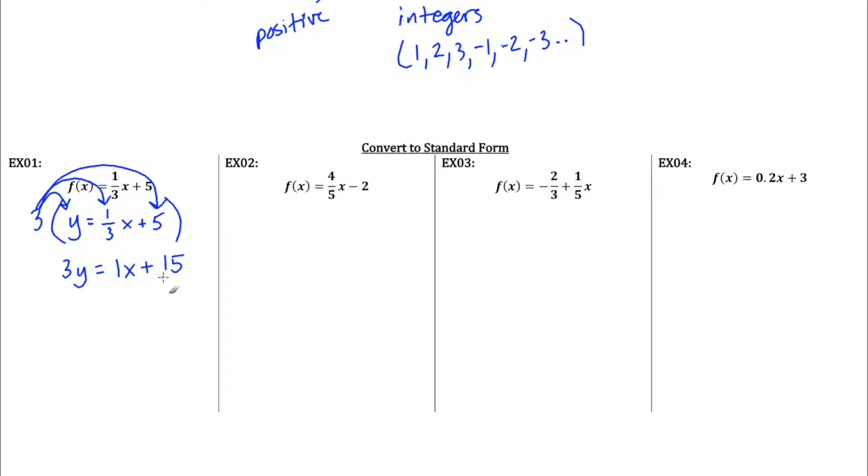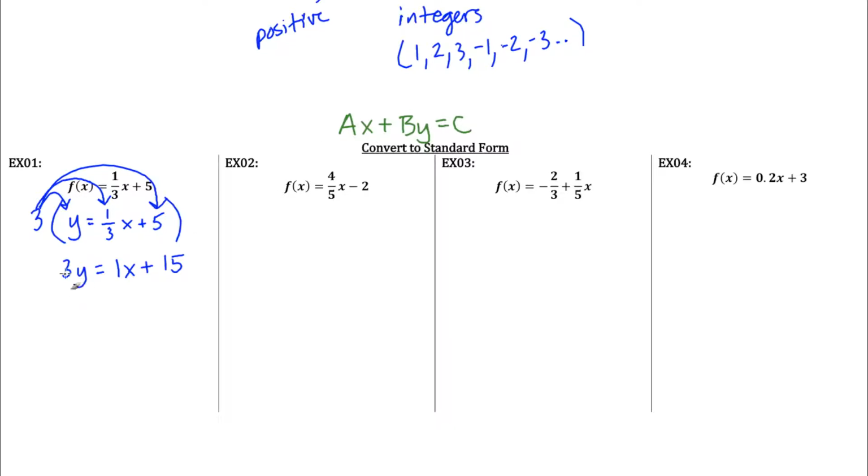Cool, not bad. Now I need my x's. I'll just write it right here instead of scrolling up a bunch. Ax plus By equals C. So I need my x's and my y's on the same side.